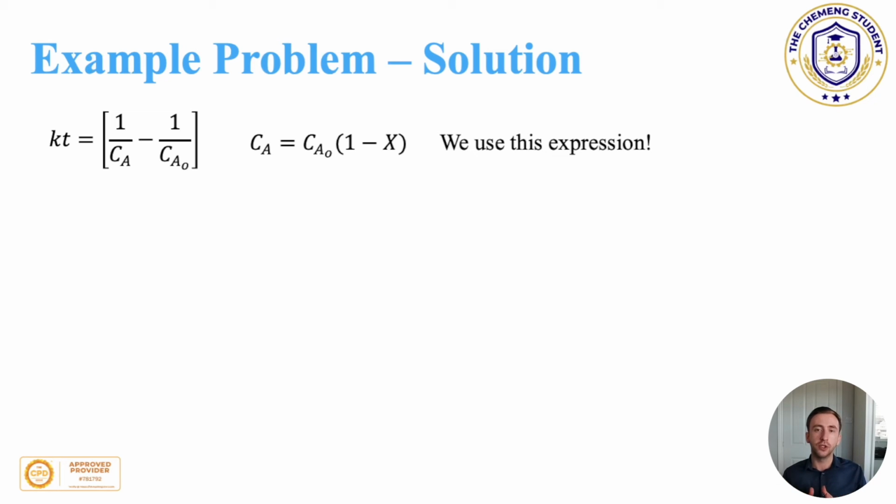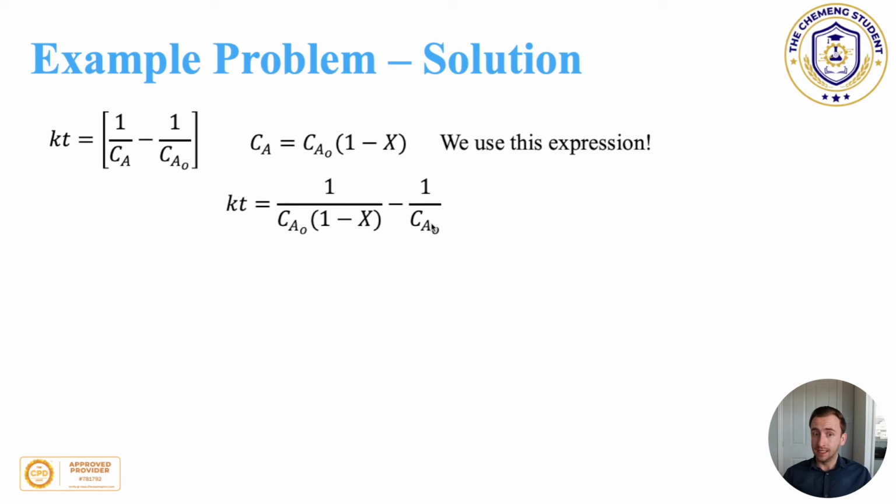It's the way in which you link concentrations and conversions to each other. So it's so powerful in being able to switch your equations from one variable to the other very quickly.